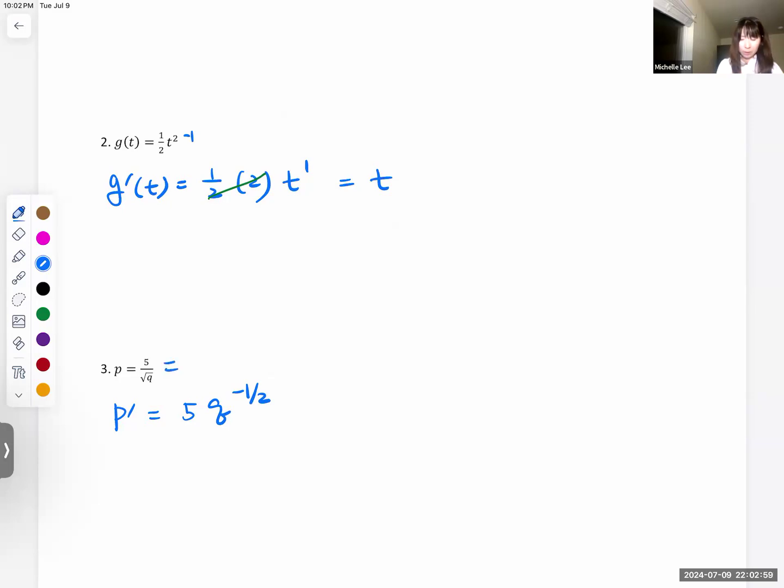So sorry about that. So let's write it this way. Okay, now we keep the coefficient 5 and then drop the power by the power rule and then reduce by 1 for the power. So 1 in that case is 2 over 2.